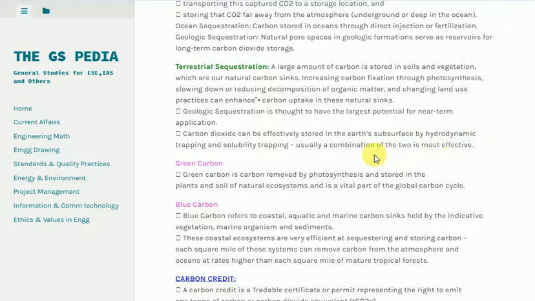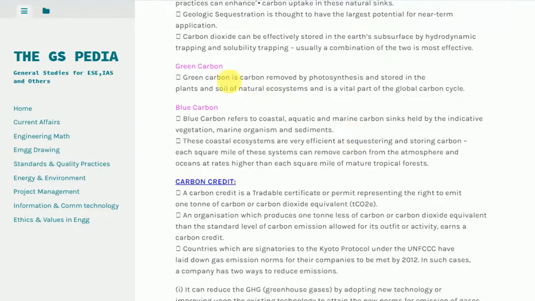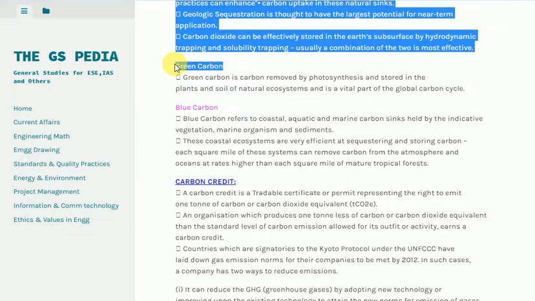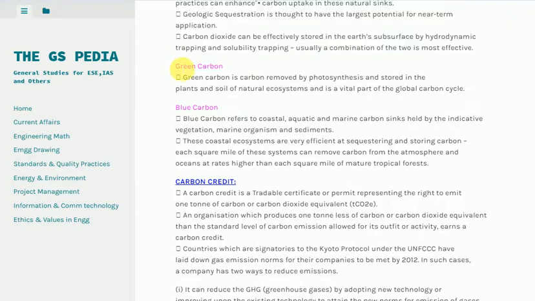Green carbon. Green carbon is carbon removed by photosynthesis and stored in the plants and soil of natural ecosystems, and is a vital part of the global carbon cycle. Blue carbon. Blue carbon refers to coastal, aquatic and marine carbon sinks held by the indicative vegetation, marine organisms and sediments.